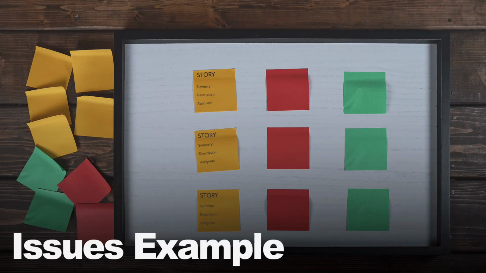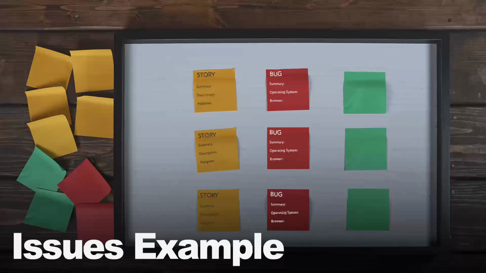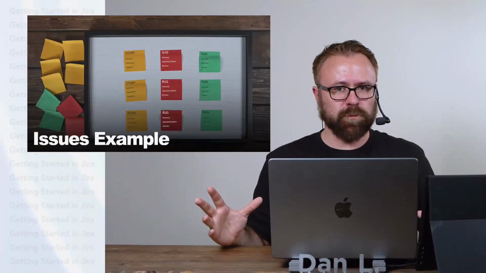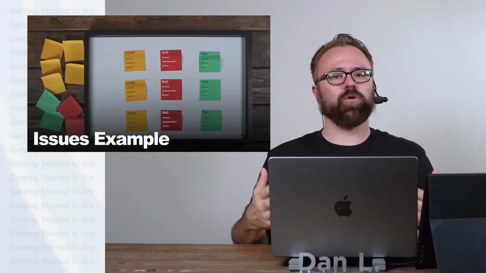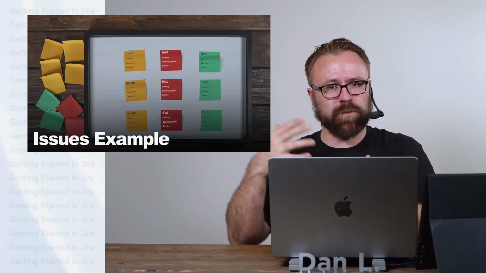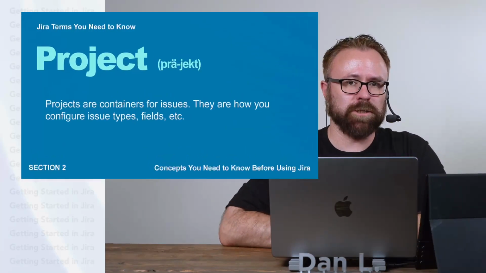So maybe on our stories, we've got a simple summary, description, and who it's assigned to. But then maybe for bugs, we want to track the operating system and the browser where the bug was found. And for our tasks, maybe we need to add a due date and priority level so that we can track those. All of this is customizable, of course, but it gives you an idea for what Jira means when it's talking about issues and how you can have different fields on different issues.